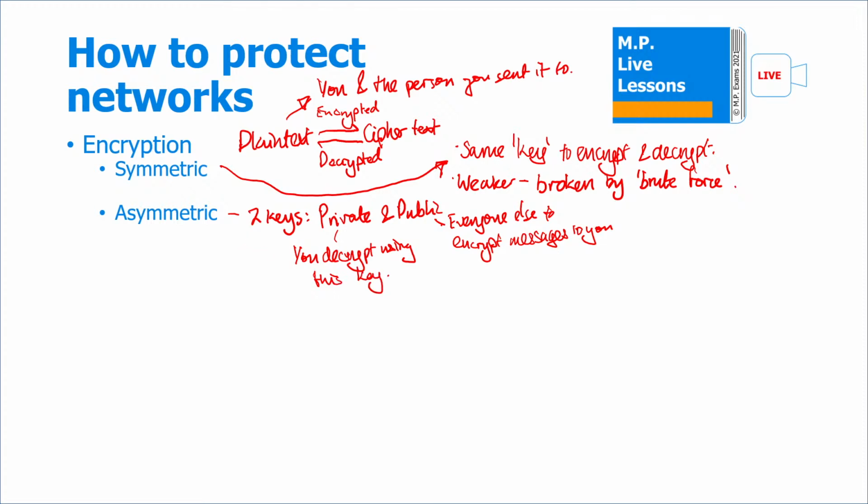Another way you can protect networks is through firewalls. So what these do, if I draw a little mini wall, is they often stop unexpected traffic, like internet traffic, coming into and out of the network.